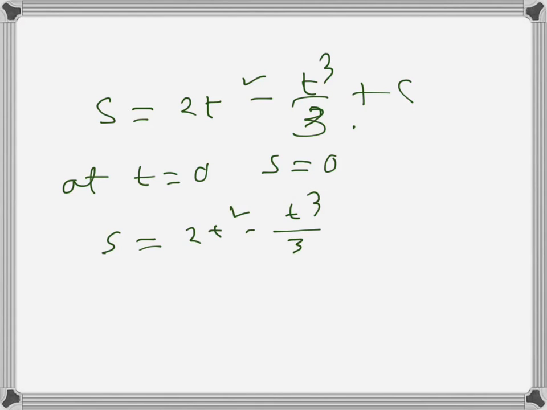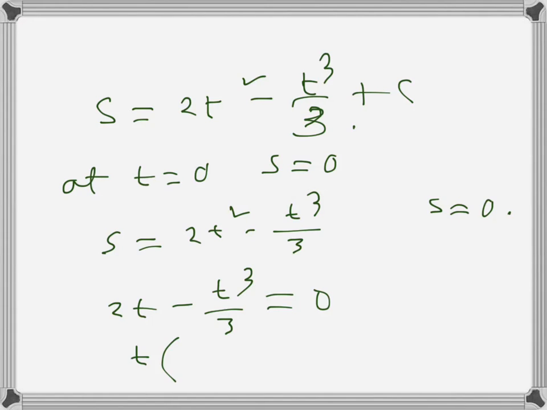And then if we want to solve when the displacement is 0 again, we can find the time by just equating it to 0. We haven't been asked that, but we are just trying to figure out what the time is.